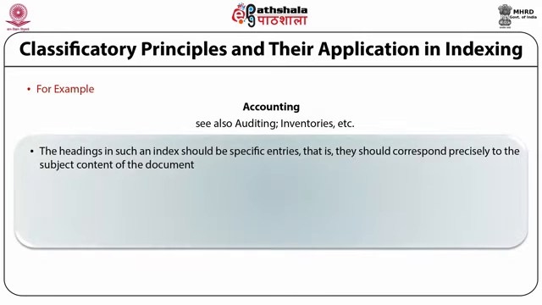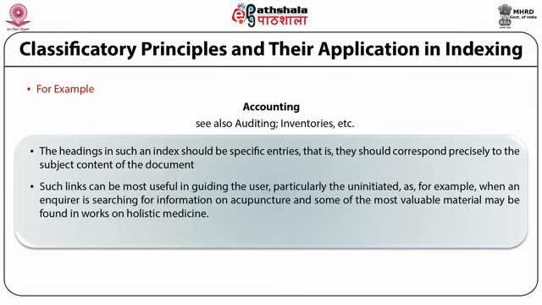The headings in such an index should be specific entries, that is, they should correspond precisely to the subject content of the document. Such links can be most useful in guiding the users, particularly the uninitiated or new ones, as for example when an inquirer is searching for information on acupuncture and some of the most valuable material may be found in works on holistic medicine.